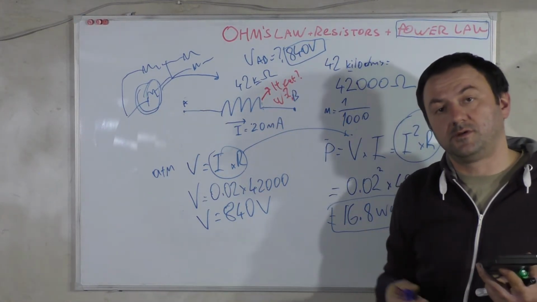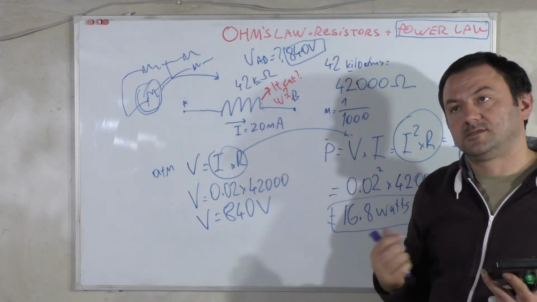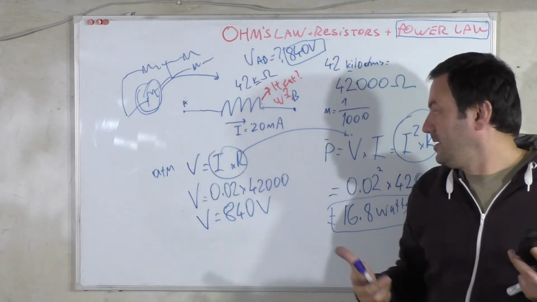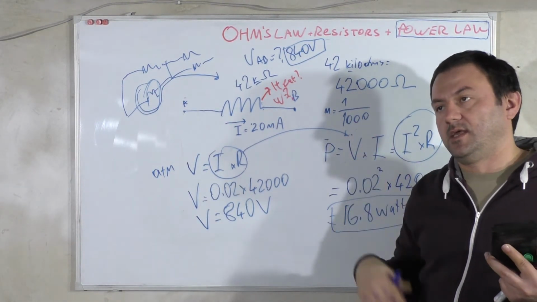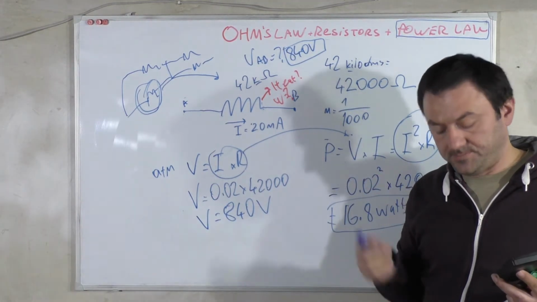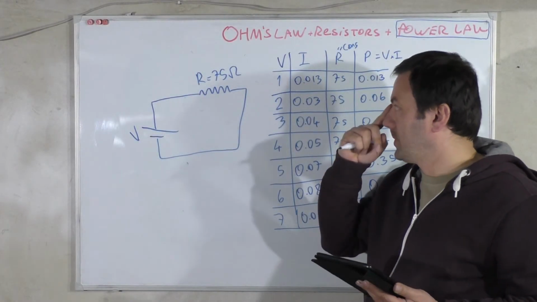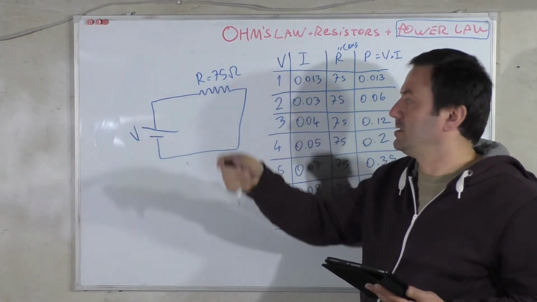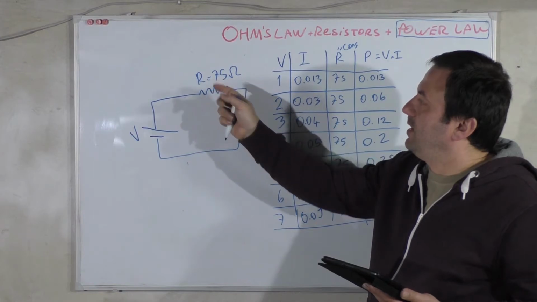Now we are going to burn out one resistor, one that cannot handle that power rating. I will put a small resistor and we will increase the voltage, and we will find the critical voltage. At first we will calculate, then we will do it. Now we will physically apply a 75 ohm resistor.